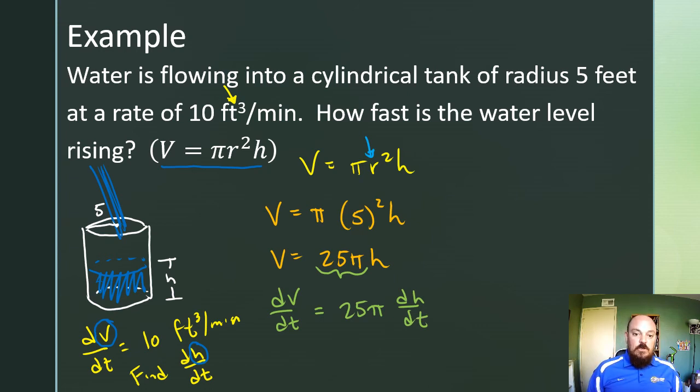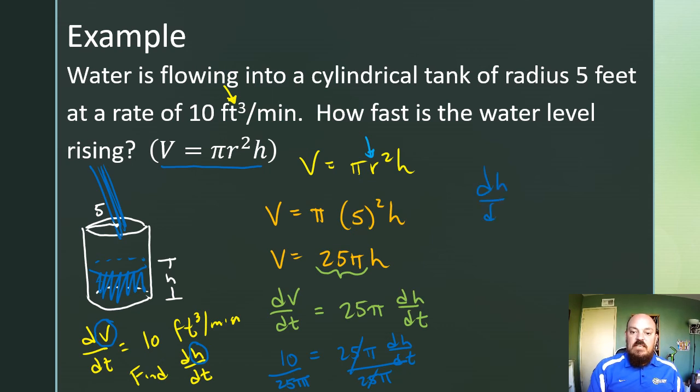Okay, so let's plug in our numbers. This time, I gave you dV dt, so the 10 is going to go here. To solve, we have one extra step. Last time we just plugged in the numbers, multiplied it out, and we were done. This time we have to divide both sides by 25 pi to cancel that out.